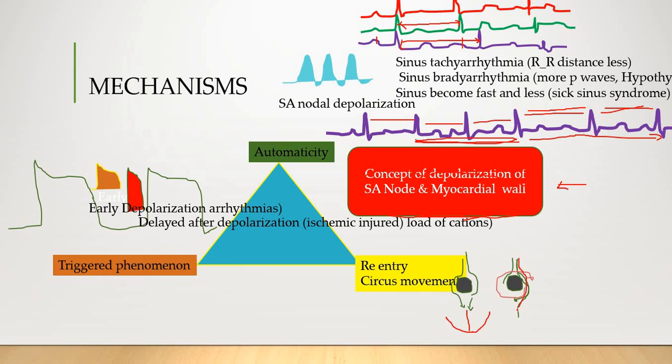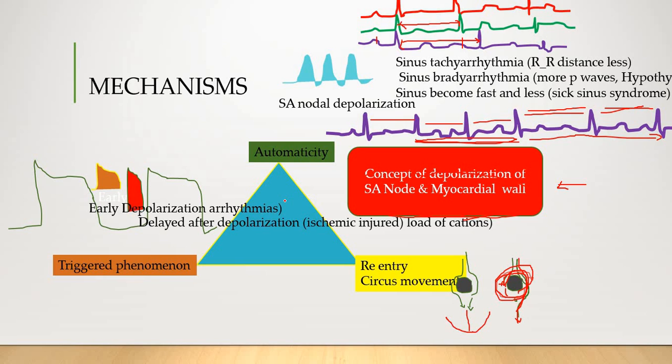This comes here, it follows this pathway, of course, but it is not going to pass through this pathway. Here is the problem. So it may come and follow this pathway, but cannot come through this pathway. So here the re-entry phenomenon is there, and it is now creating a problem for you. So this is called circus movement.